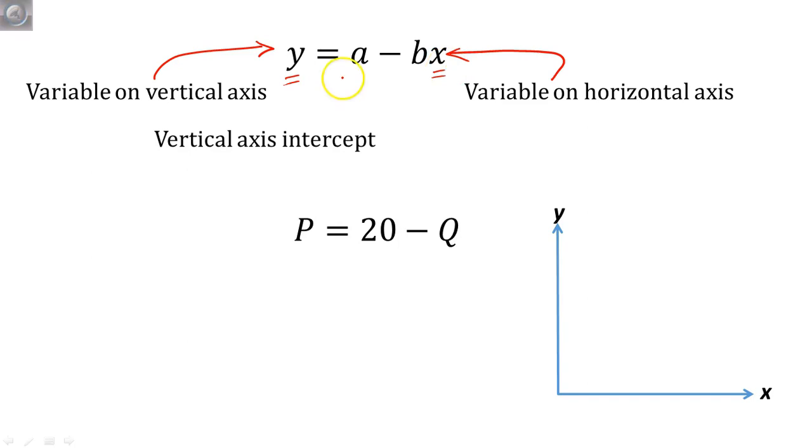A is the vertical axis intercept, like this. And B is the slope of the line, so the rise over the run.